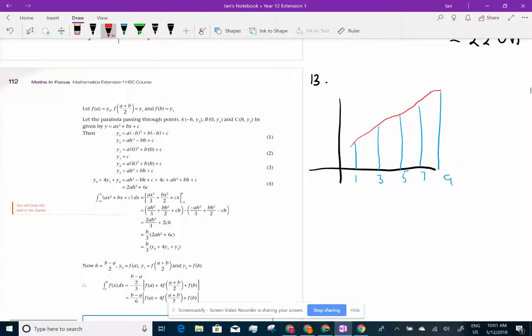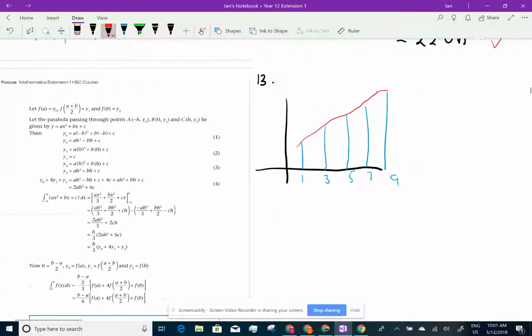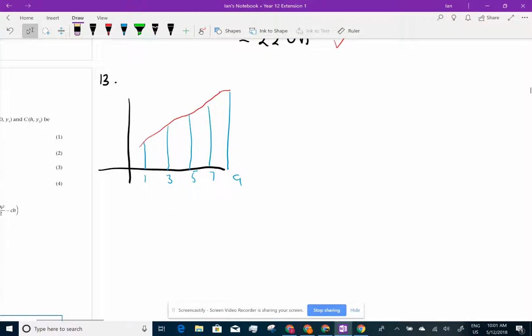So if I wanted to do this, I'd have to do 1, 2, 3, 4 trapezoidal rules. But because I've got the h on 2, 1, 2, 1, I can do it all in one go. So watch this. Here we go. The area between 9 and 1.